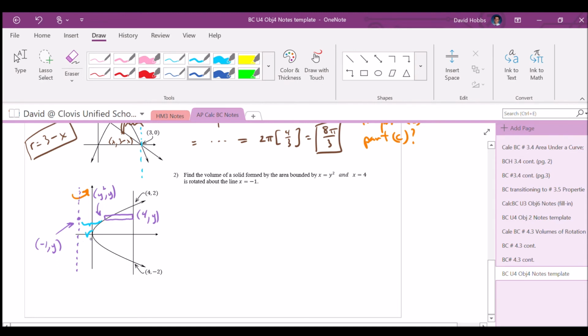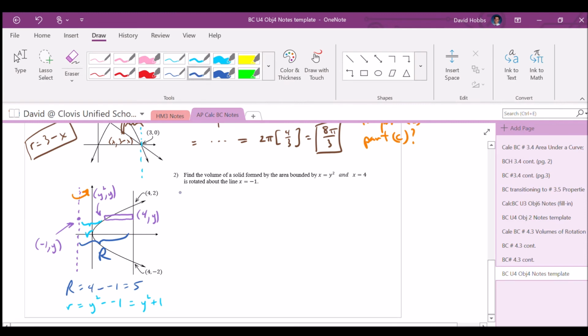My big R is right here. So my big R is right side minus left side, so x value, so 4 minus a -1, which is 5. Okay, and then my little r is right side minus left side, so y squared minus a -1, which is y squared plus 1.